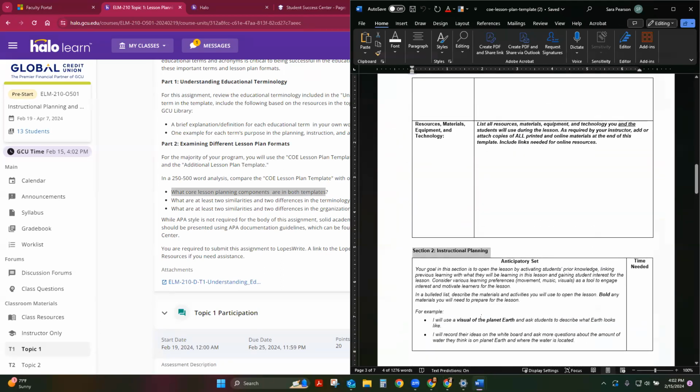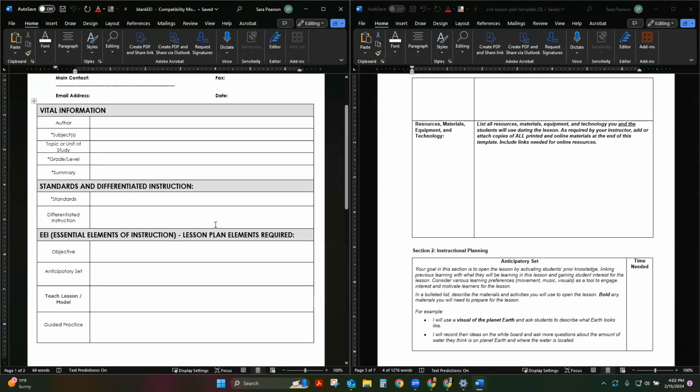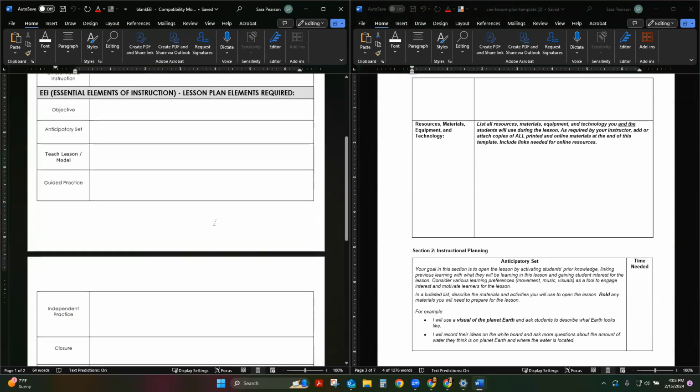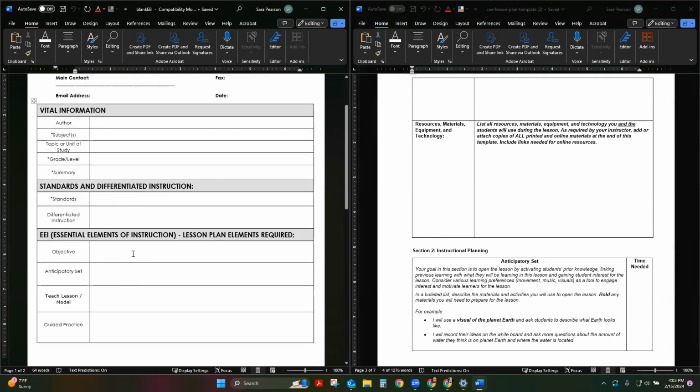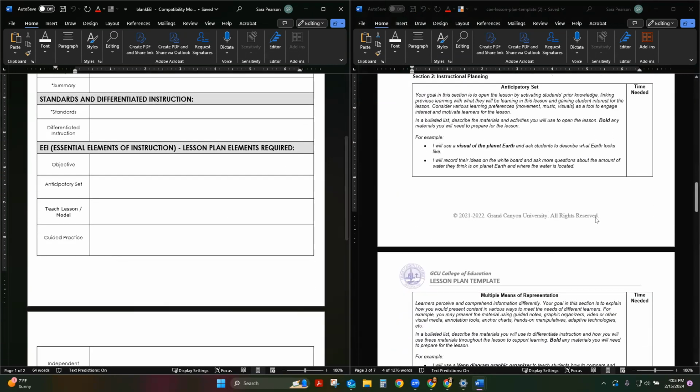Section 2 is all about the instructional planning. When you look at the EEI template, do they have those same core areas? Do they have, or is it different? So you're going to want to look at some of these core components and see what similarities and what differences they have between each of those.